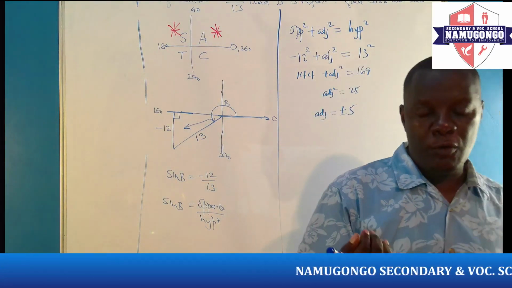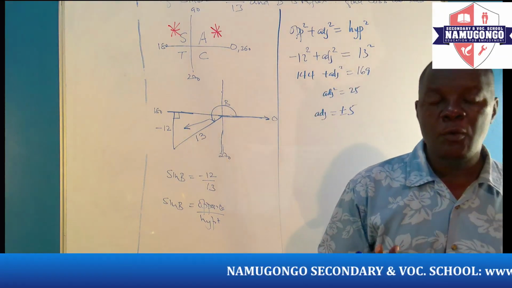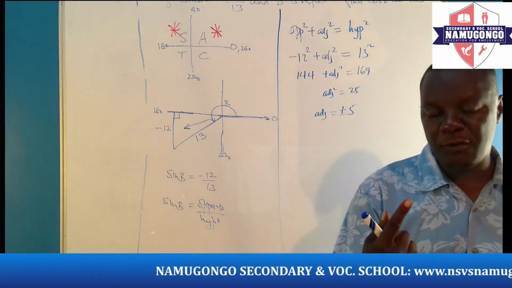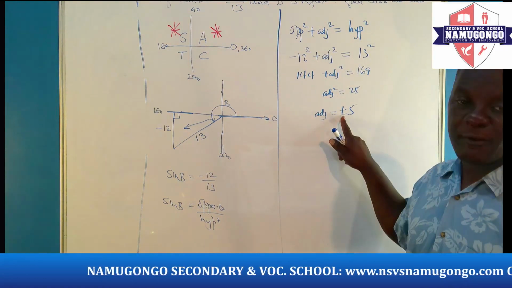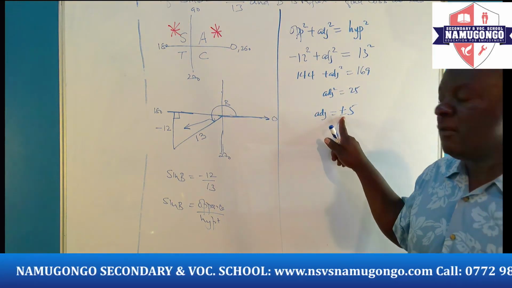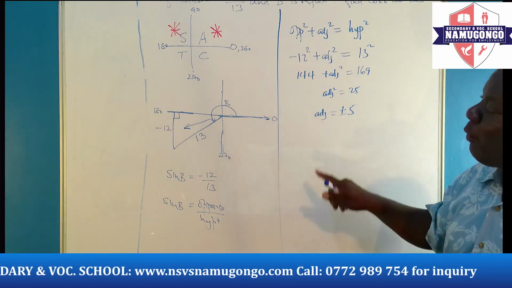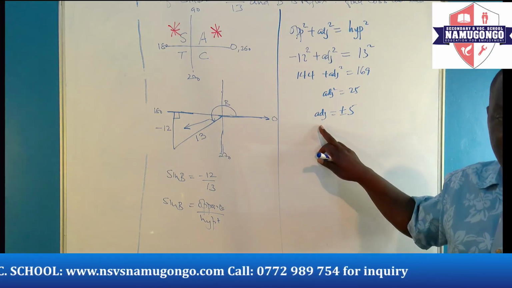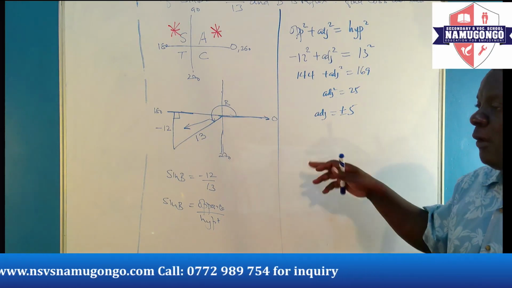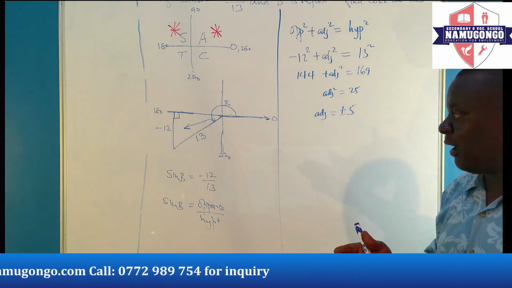Now, a while ago, in my previous example, when I was looking for the hypotenuse, I did not put plus or minus. Why? Because the hypotenuse is always positive. But now when you are looking for the adjacent or the opposite, you say plus or minus.